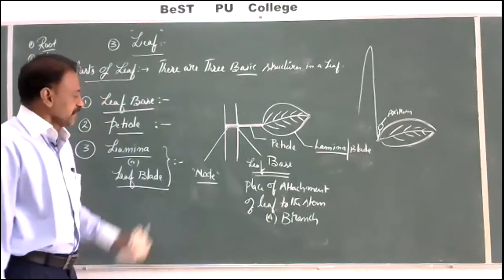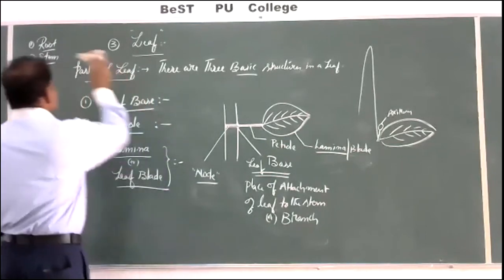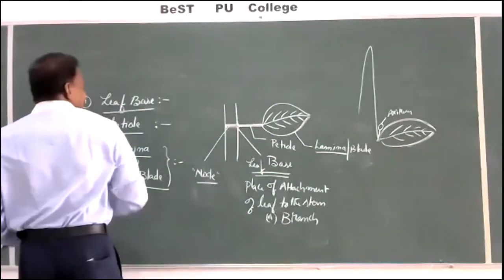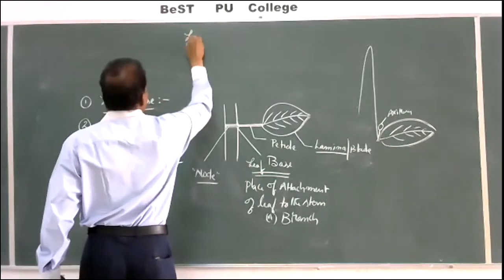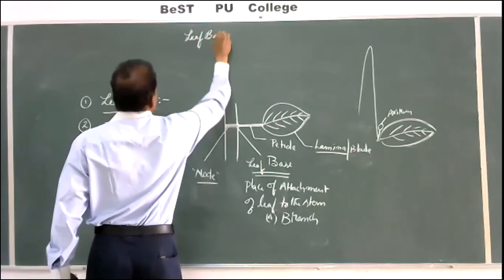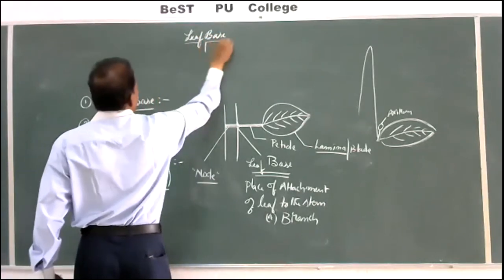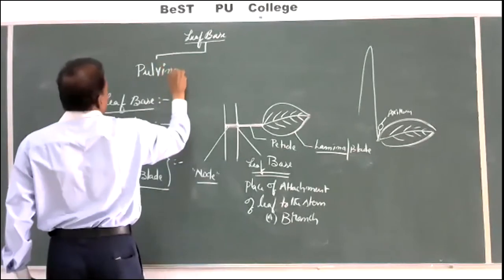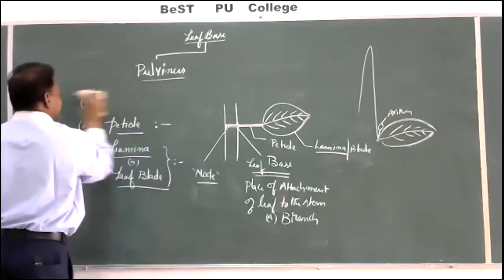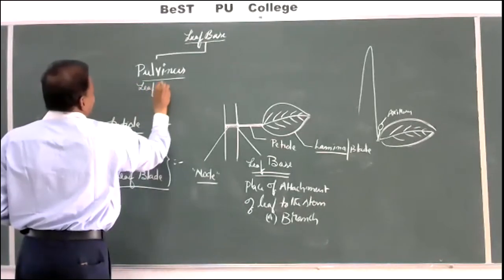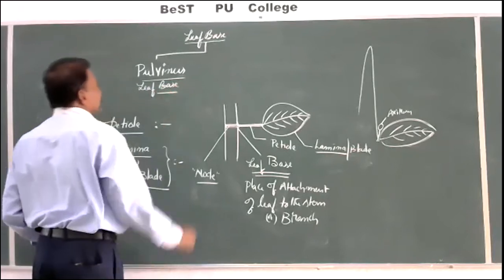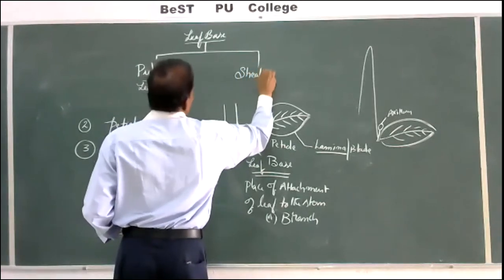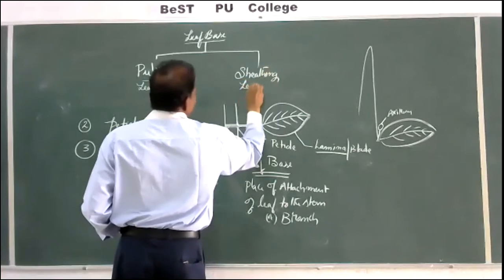Leaf base. To understand this leaf base in detail, the leaf base is again classified into two types: pulvinous leaf base and sheathing leaf base.